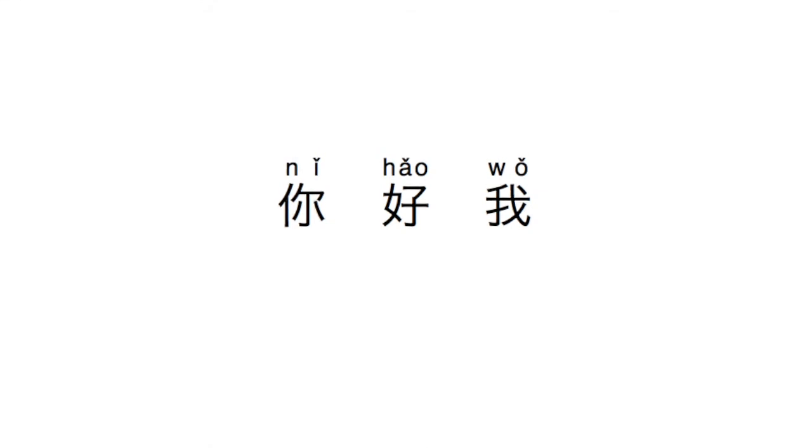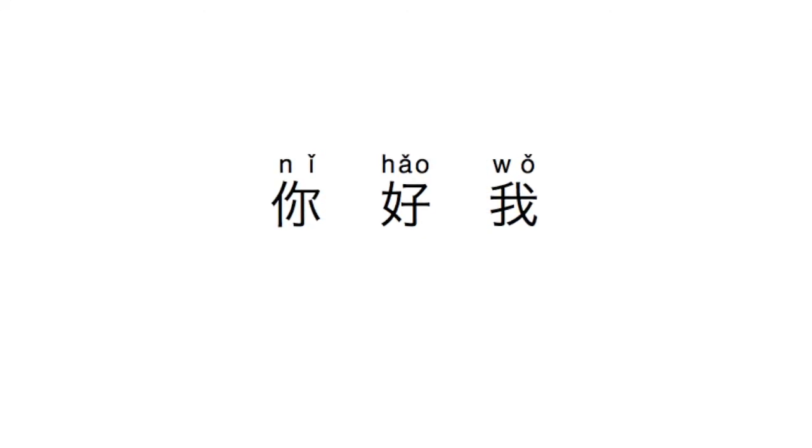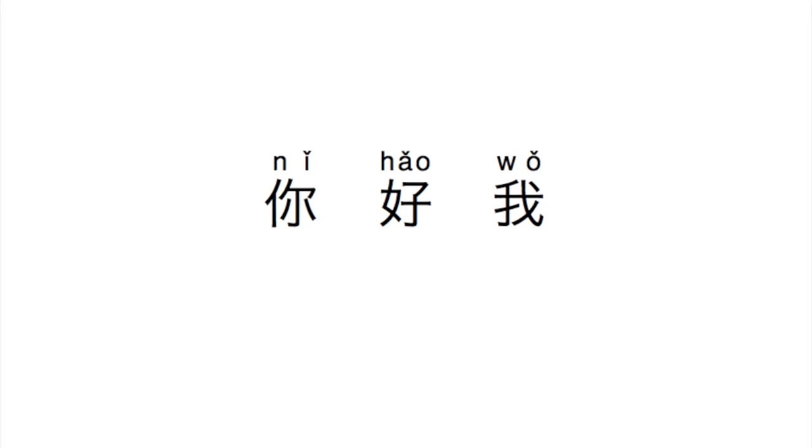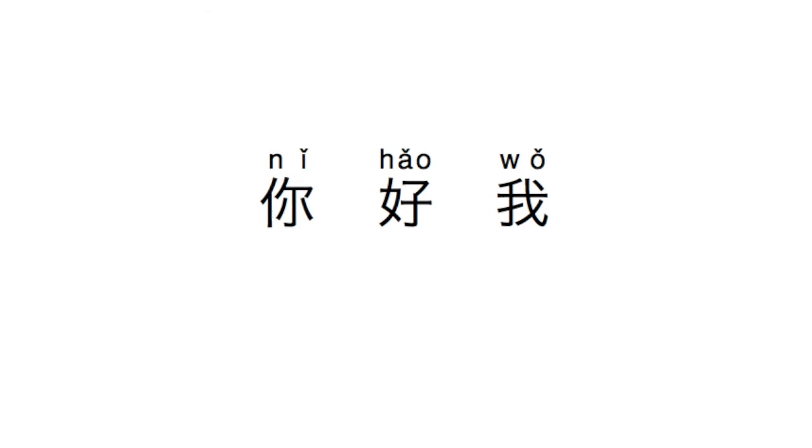All the words I've taught you so far, except for ma, have third tone applied to them. So you're getting a lot of practice using third tone. 你好我. All of these have the same tone, and each tone is reproduced the same each time.